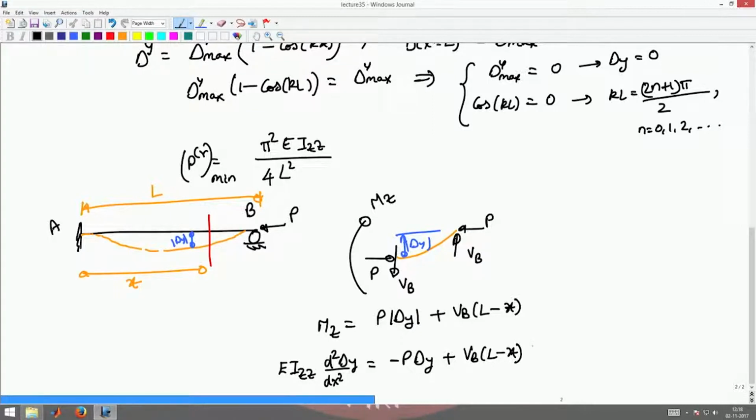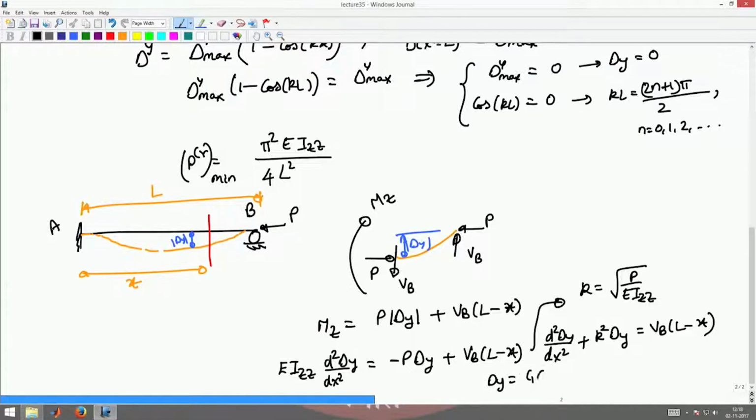This I can convert using the standard procedure, defining k as square root of P by E Izz, as d square delta y by dx square plus k square times delta y equal to Vb into L minus x. The solution for this differential equation is delta y is C1 cos kx plus C2 sin kx plus Vb into L minus x.